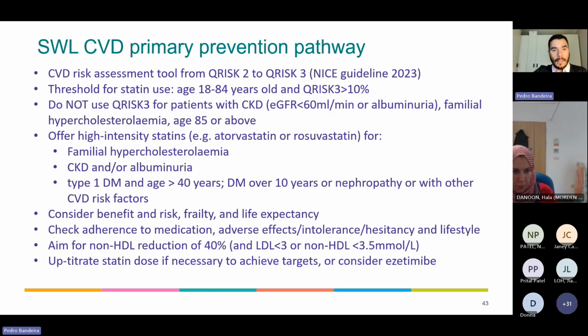So from the guideline, the most important points to note is that now we recommend the QRISK3 as the assessment tool for primary prevention, and the threshold for statin use is now increased up to 84 years. However, this risk tool shouldn't be used for patients with confirmed FH, CKD, or patients above 85.